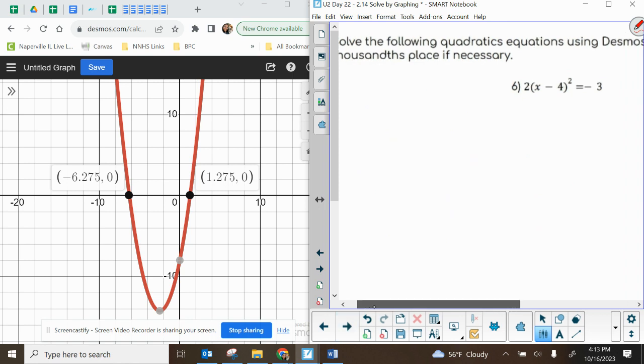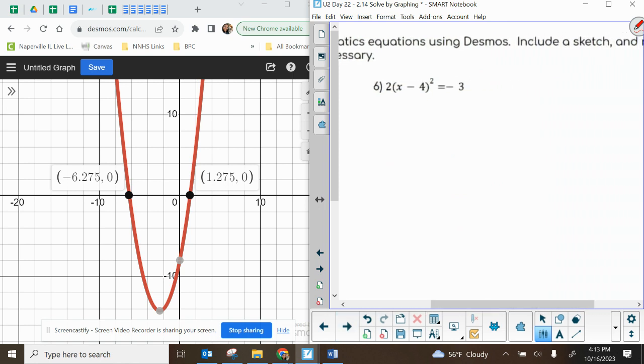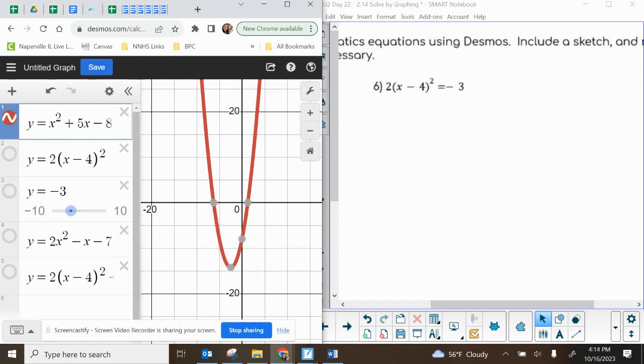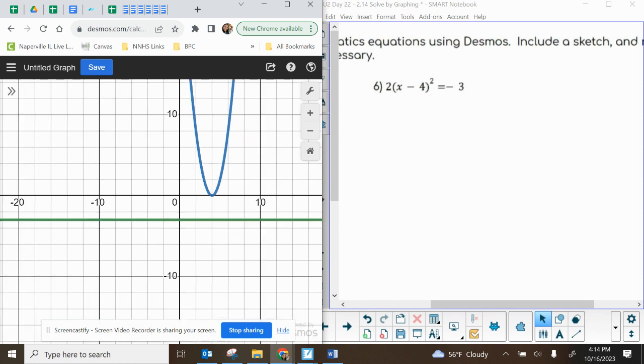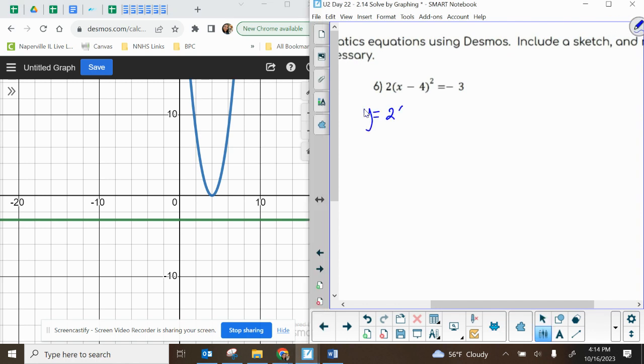For number 6, we're going to type in y equals the left side and y equals the right side. And I have already typed these in, so you can see that's y equals the left side and y equals the right side of the equation. So I have y equals 2 times x minus 4 quantity squared.